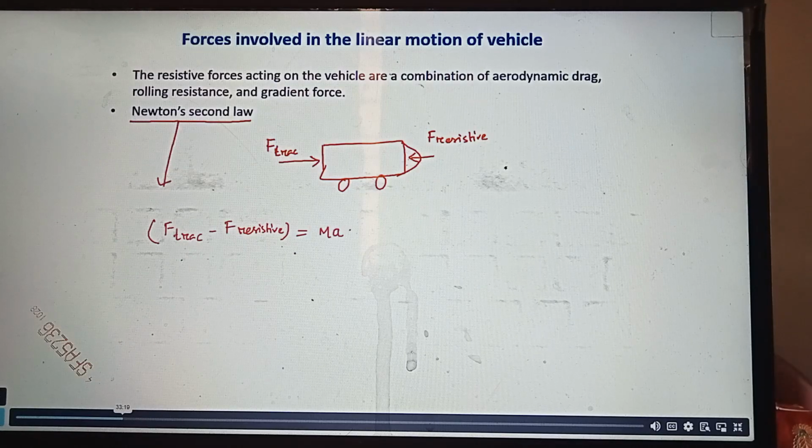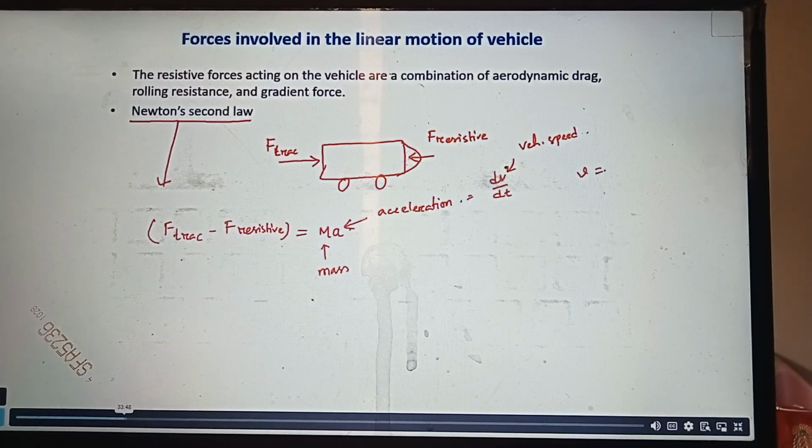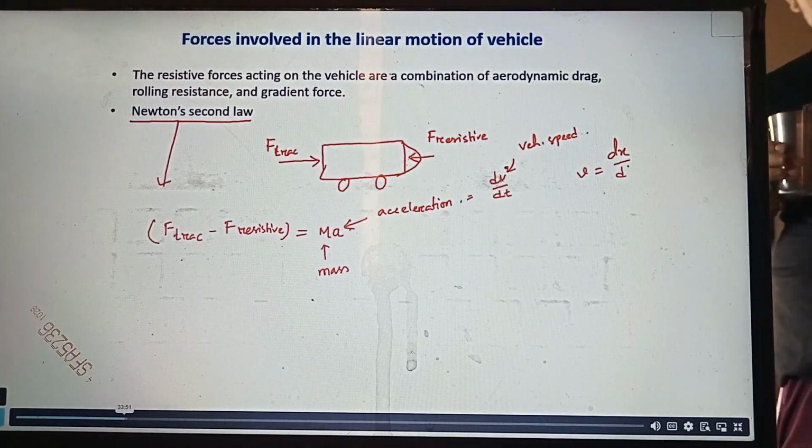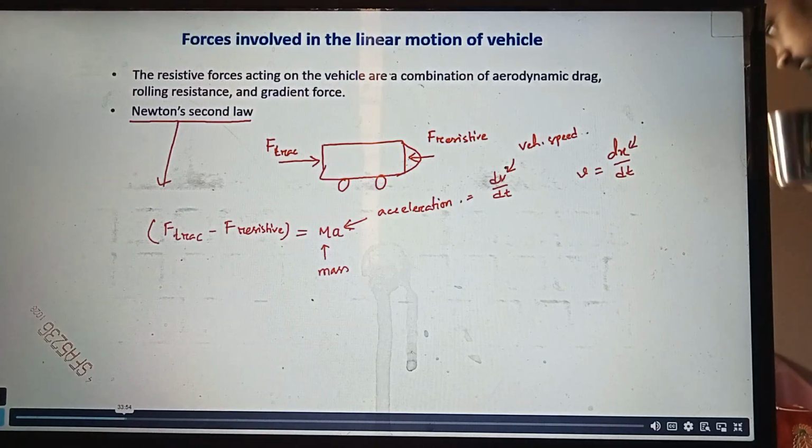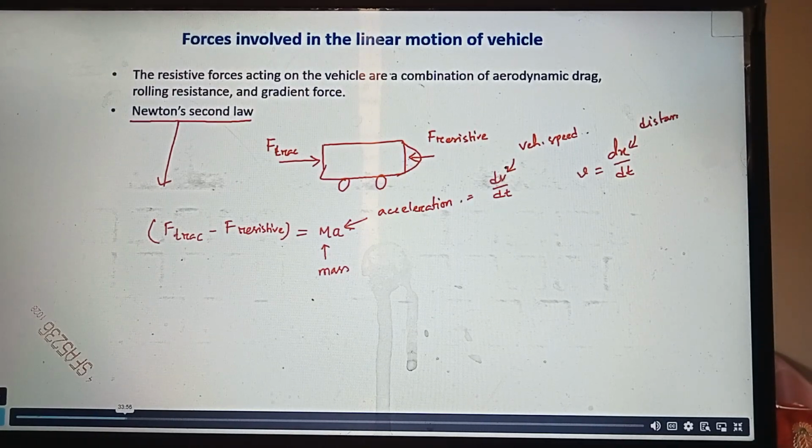Different books follow different nomenclatures. So what is M? M is the mass of the vehicle and A is acceleration. Acceleration is nothing but dv/dt. V is the vehicle speed or velocity, and this V is nothing but dx/dt, where x is basically the distance covered.